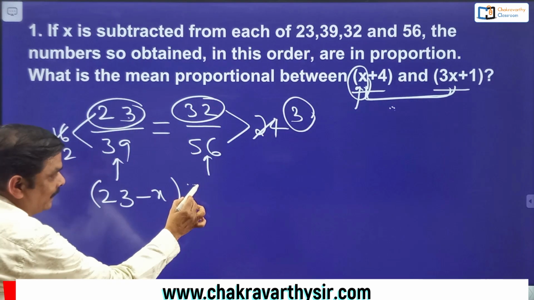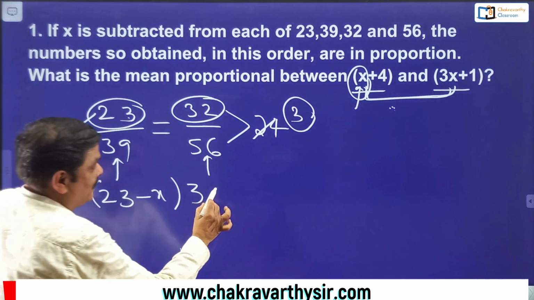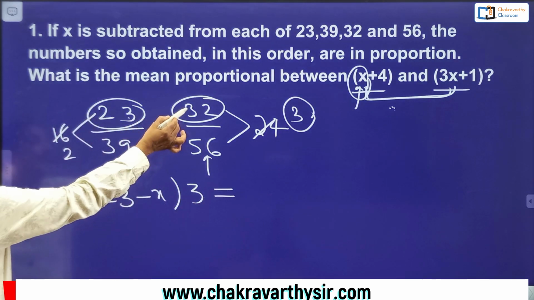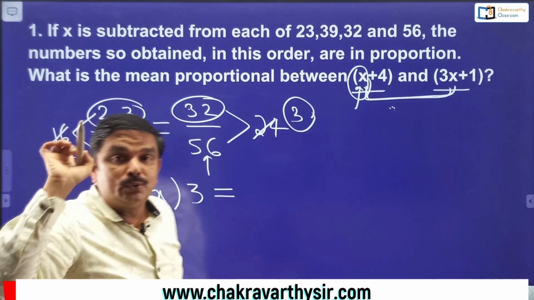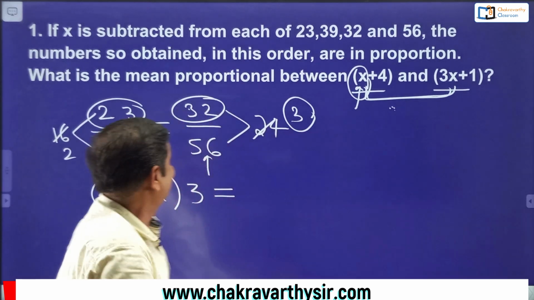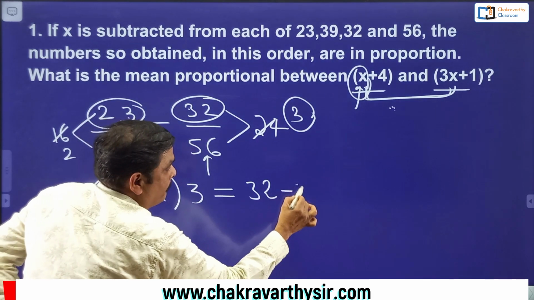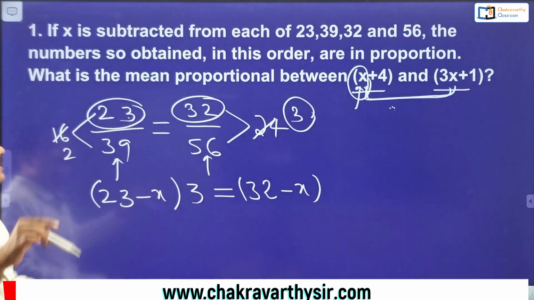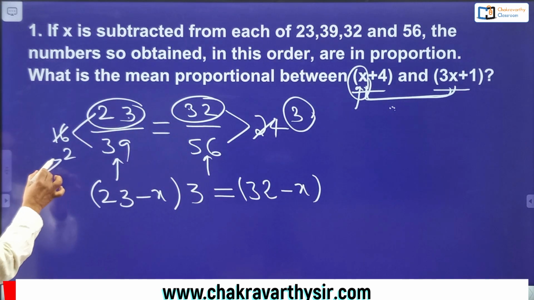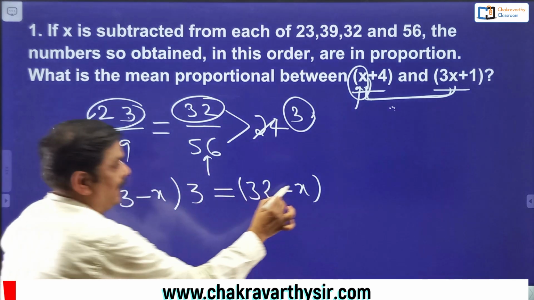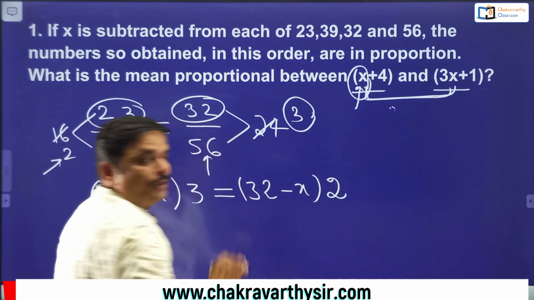Must be multiplied with 3. Then that must be equal to, again the numerator only. Either you have to choose the numerators or denominators. And I have chosen here numerators. So that is 32 minus x must be multiplied by this 2. Remember, multiplied by 2.